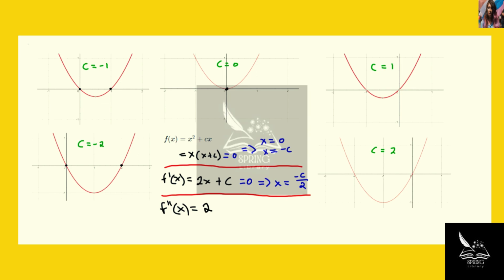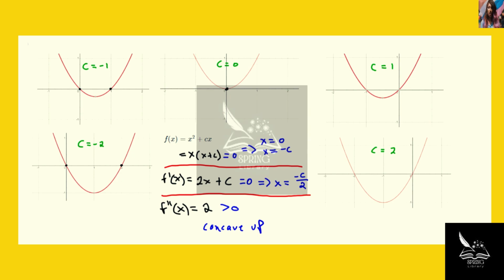And we know that this here is strictly greater than 0, which is going to imply that our function is always concave up. So there should be no points of inflection. And if we just go through and look at these values, we can see that what we expect to occur from this little analysis does happen.